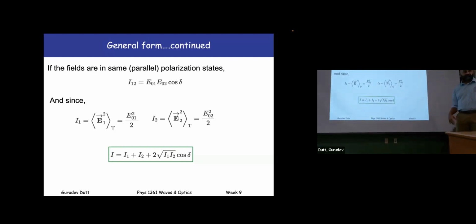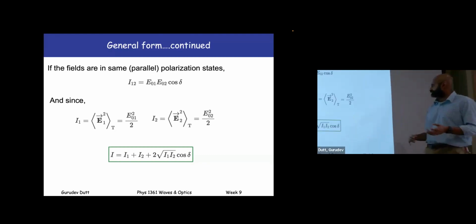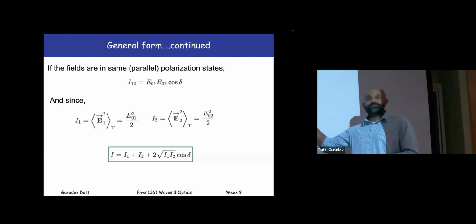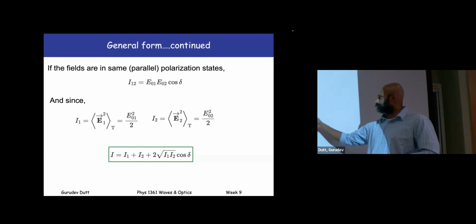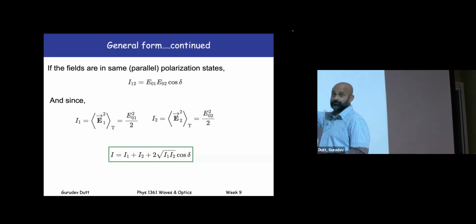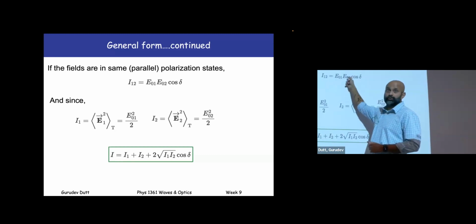Proportional. Of course, there are some extra terms with c and epsilon naught, but those are assumed to be the same for both. So we have that I2 is E02 squared over 2. I substitute E02 as square root of 2 I2, and E01 as square root of 2 I1. So up here, this is square root of 2 I1 times square root of 2 I2.